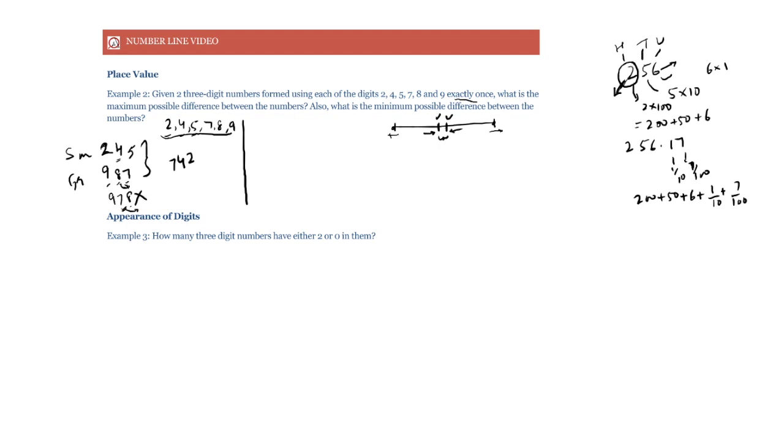Okay, now when we want two numbers to be very close to each other, the hundreds places should be consecutive integers, like 4 and 5, or 7 and 8, or 8 and 9. Note that they'll all be right next to each other. If the pair is 2 and 4, this is 200 something and this will be 400 something.